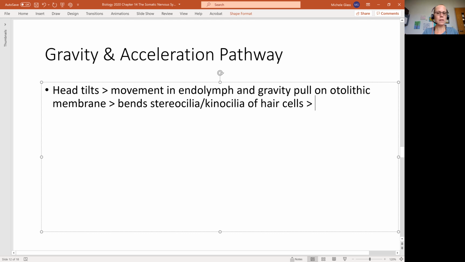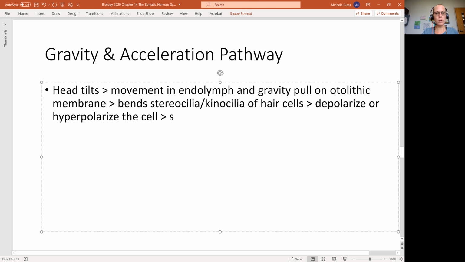And so this can either depolarize or hyperpolarize the cell. And remember that you're getting information on both the left side and the right side. So that information is coming together into the brain to be interpreted.